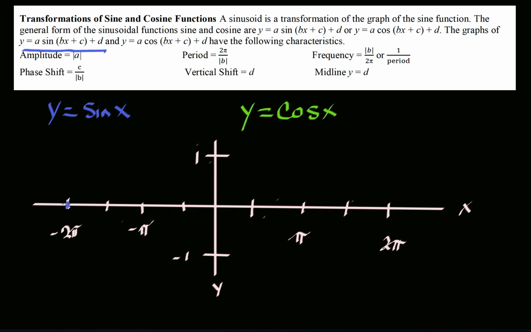And so I'm going to graph here, here, here, here, and here on the x-axis, because the period of a sine function is 2 pi, and that's the amplitude, and its parent form is 1.